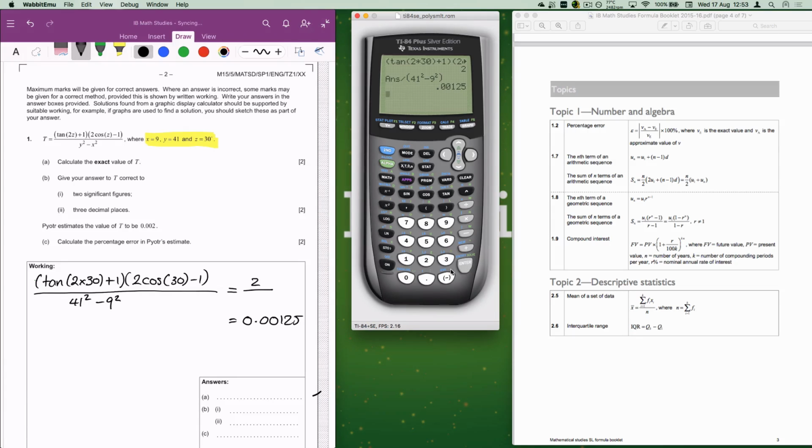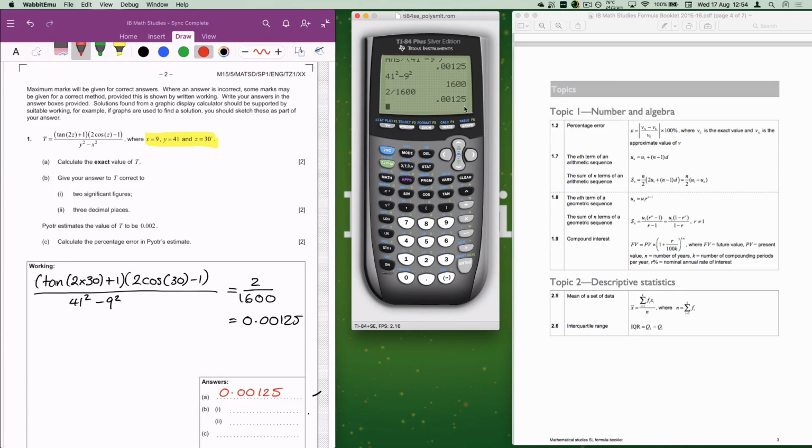Now, we could have done 41 squared minus 9 squared separately, and that gives me 1600. Now, if we do 2 divided by 1600, you see that we get exactly the same answer as what we had. So let's write our answer down into the answer box. 0.00125. Okay? Now that's 2 little ways of doing that.